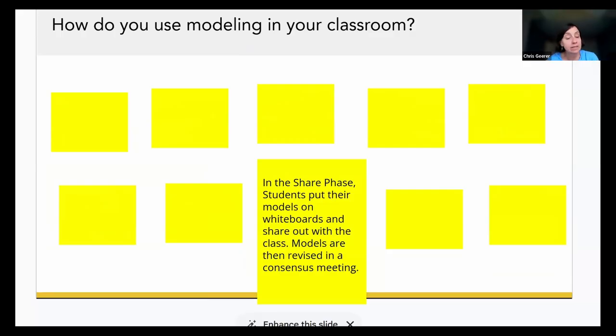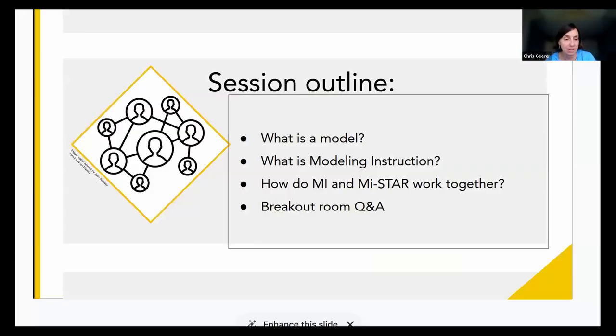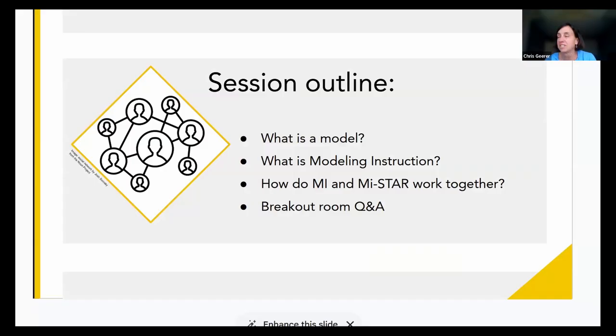So what we want to talk about today is a brief what-is-a-model activity, because that's always interesting. People have different conceptual models of what we're talking about when we say modeling. And then Jenny and Nell are with us today, and they are modeling instruction certified superstars.